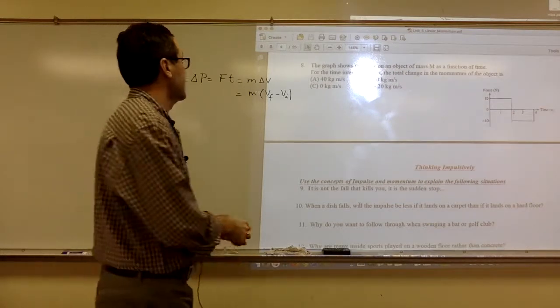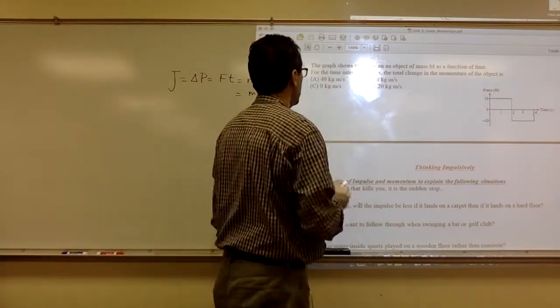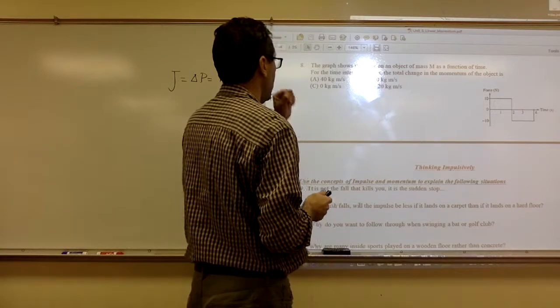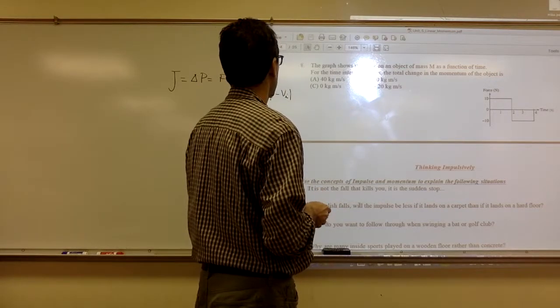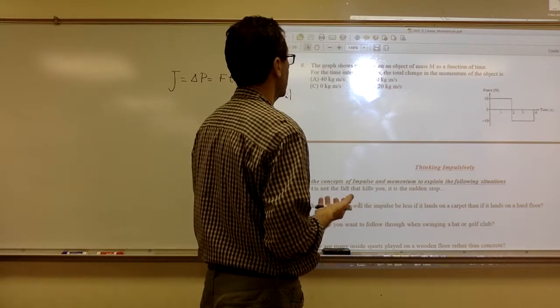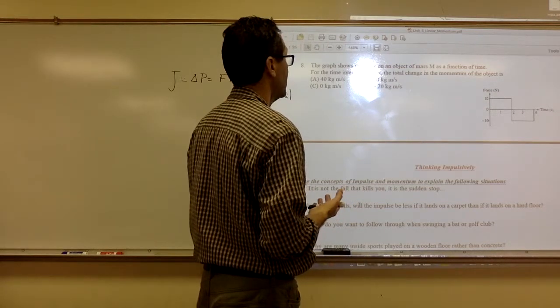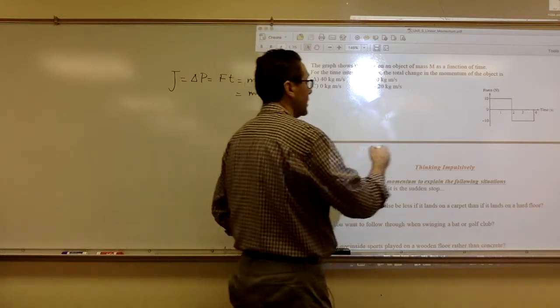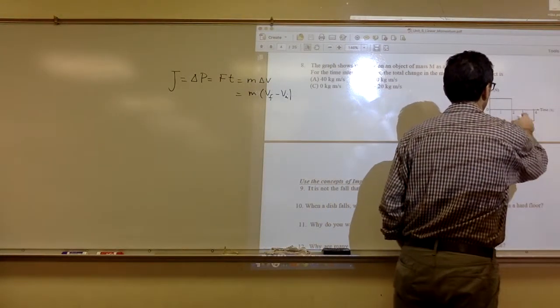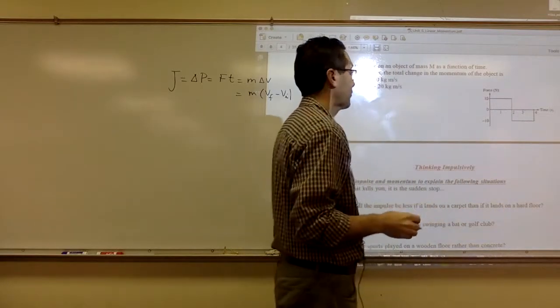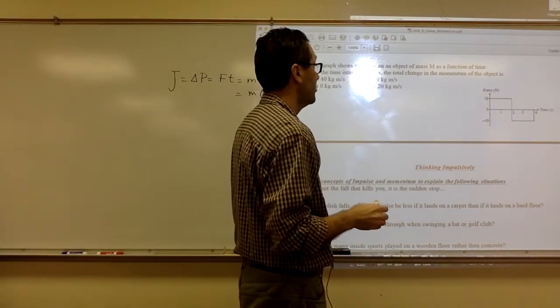Okay, part 1. All right, number 8. The graph shows the force on an object of mass uppercase M as a function of time. For the time interval 0 to 4 seconds, the total change in momentum is, all right, so I know that if I have a force-time graph, the area between the curve and the time axis represents impulse.